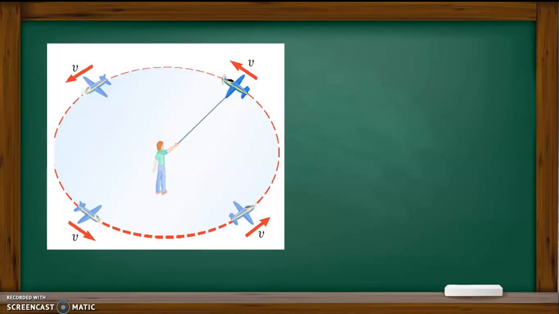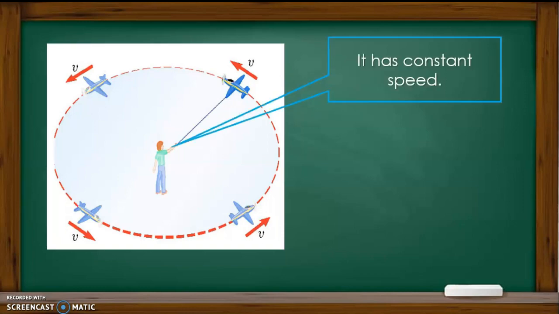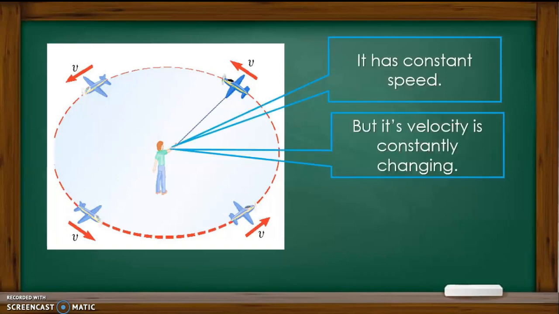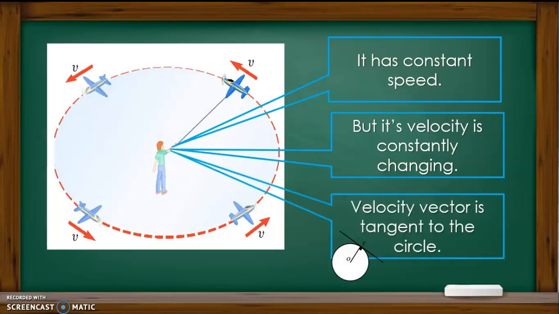So again, an object moving in uniform circular motion has a constant speed, but its velocity is constantly changing due to the change in its direction, and the velocity vector is tangent to the circle. In math, tangent means a straight line that touches a curve.